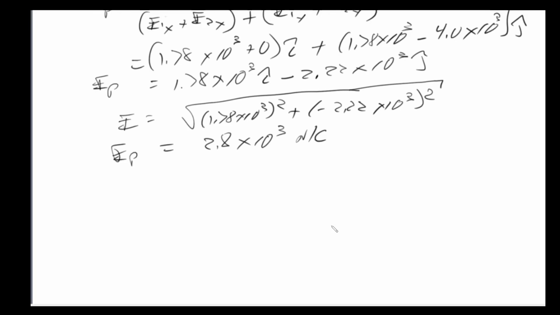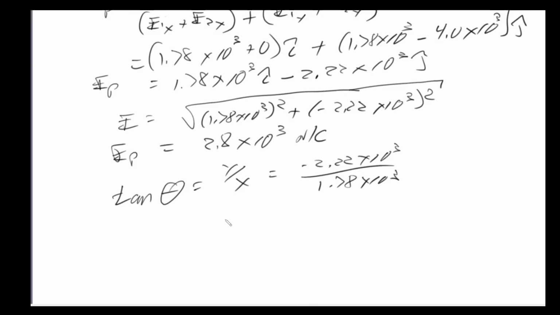Now we want to know the direction. Well, we know that tan theta, the tan of the angle between the two components, is equal to y over x, which is equal to minus 2.22 times 10 to the third over 1.78 times 10 to the third, and that becomes minus 1.25.